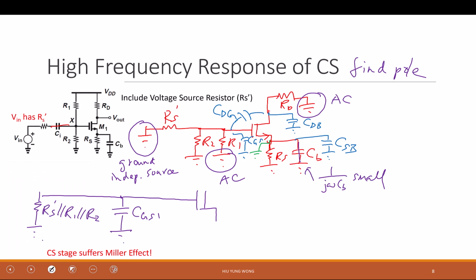This is easy, right? This is just Rin. Thank you. And then CSB, correct? Source to the body, right? RD. This is better.